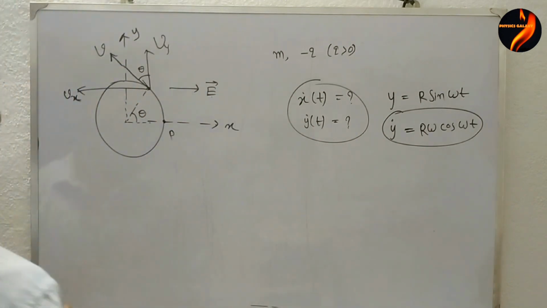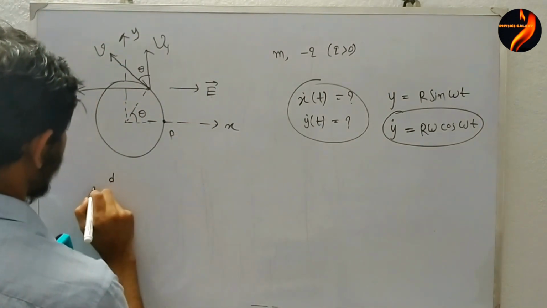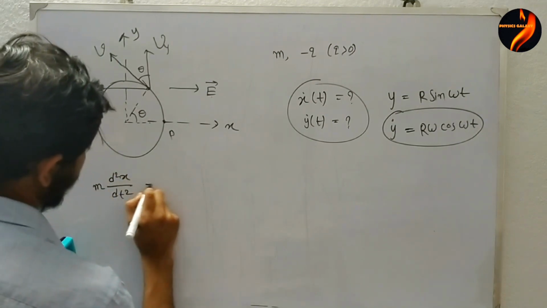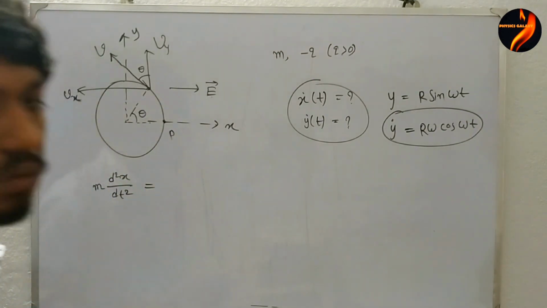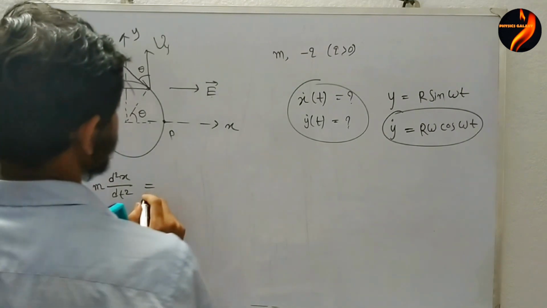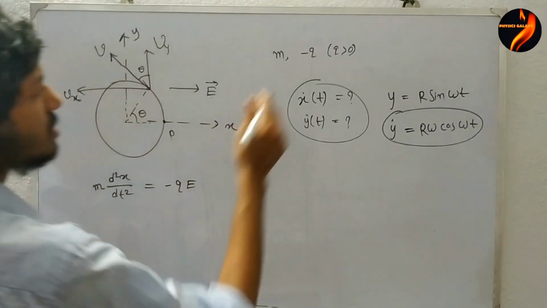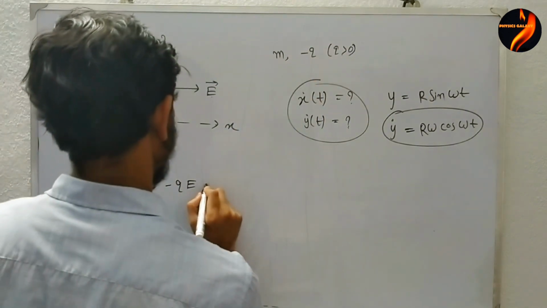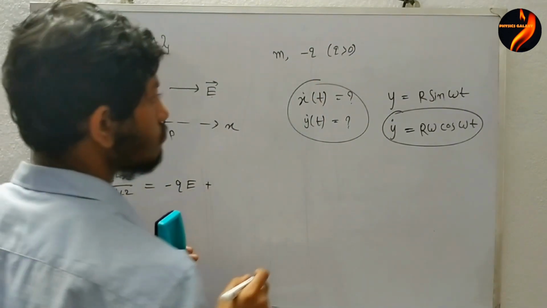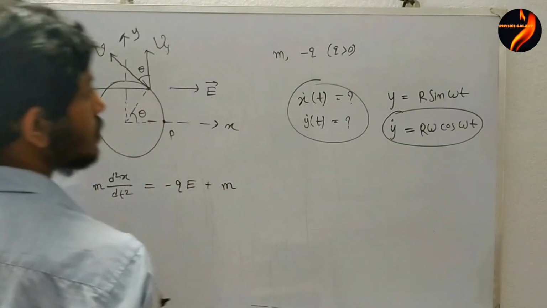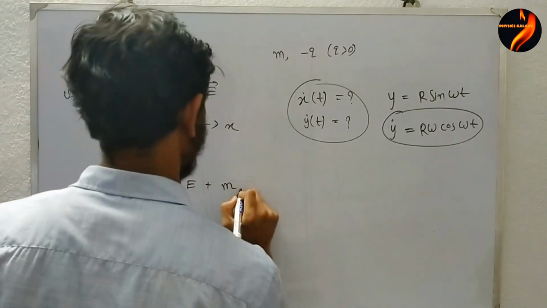And now for the x dot, this is the total force along the x-axis. This is due to the electric field, that is minus qE, because the charge is negative, plus the previous force due to the magnetic field, that is m times x double dot.